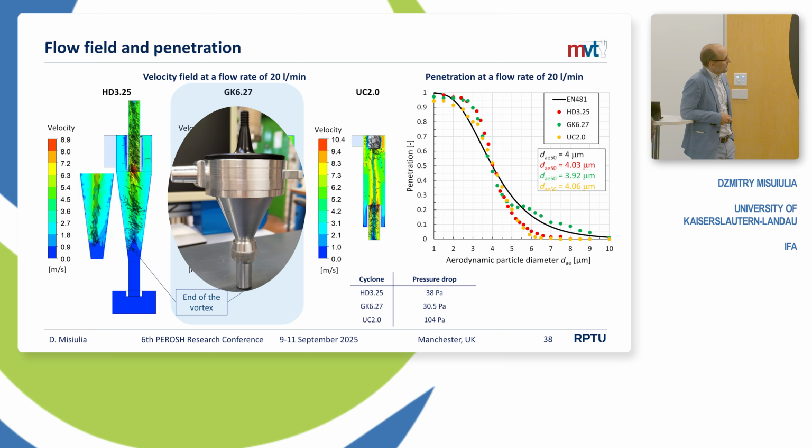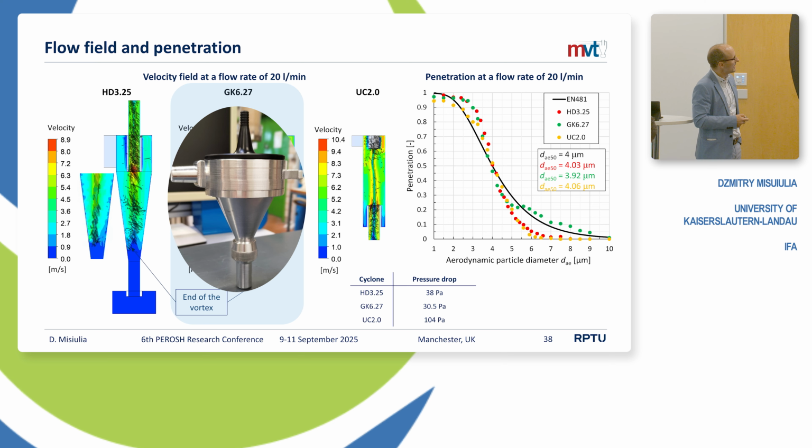After that, the particle penetration through these cyclones was analyzed. As one can see, all three cyclones provide a cut size of approximately 4 micrometers. However, for larger particles, meaning particles larger than 5 micrometers in size, there is a significant deviation compared to the respirable convention for the HD design and the Uniflow cyclone.